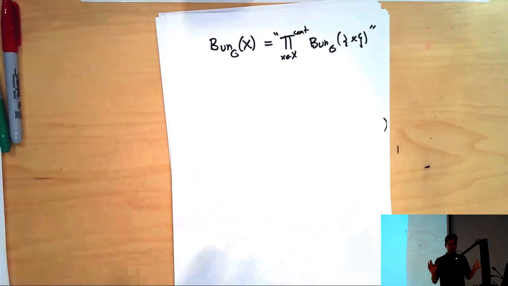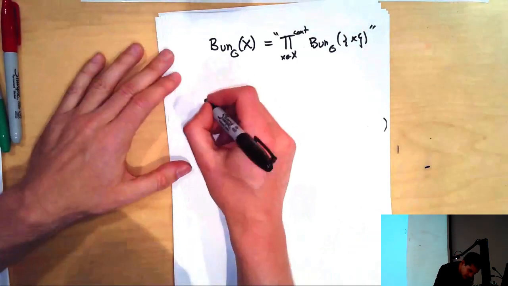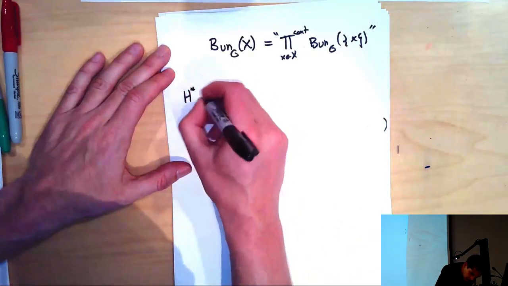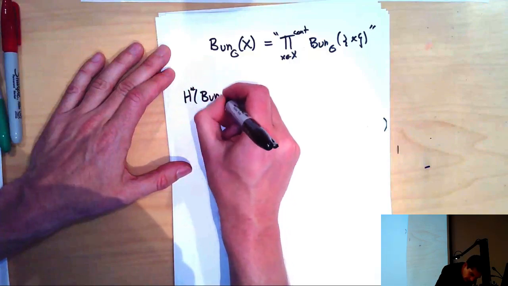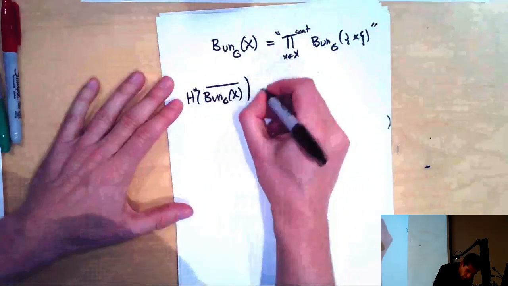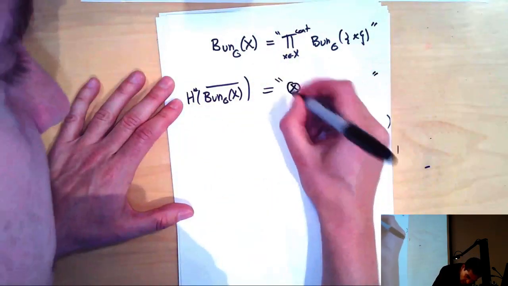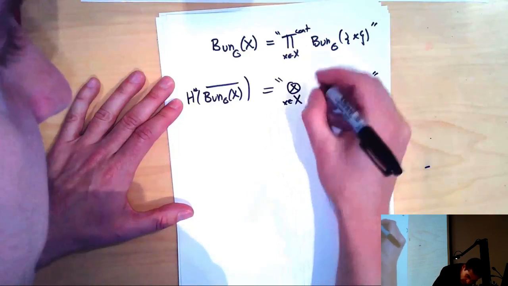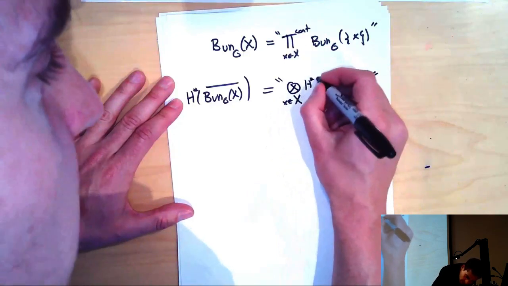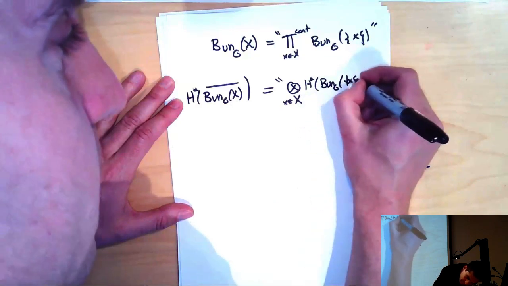So let's imagine that you had a Kunneth formula for these kind of continuous products. And then it ought to say something like the cohomology of bun G of X, again, everything over the algebraic closure, should be something like a continuous tensor product over the points of X of the cohomologies of these bun G at the individual points.